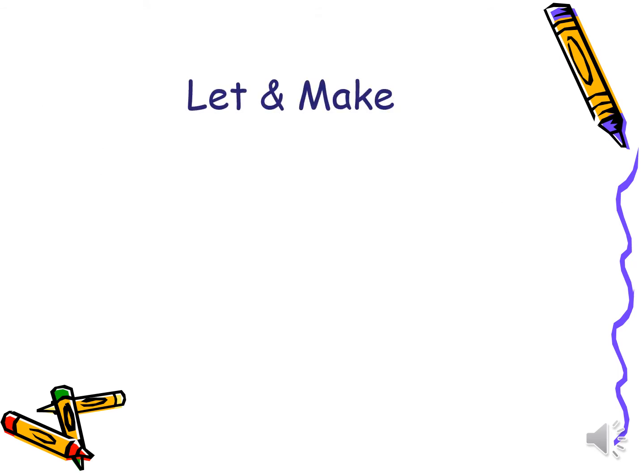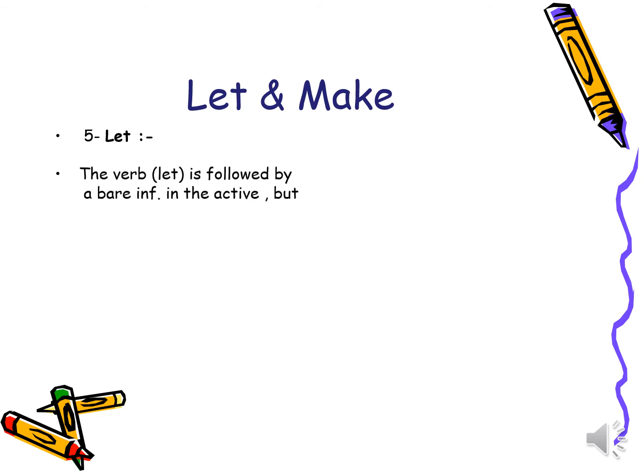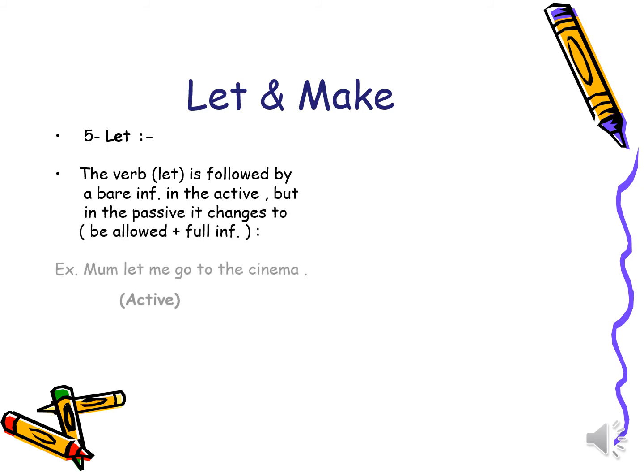Now we have let and make. How do we form the passive here? The verb let is followed by a bare infinitive. What do we mean by bare infinitive? It means without to. Like this example: Mom let me go to the cinema. This is active. We have here: Mom let. It's let, not let. So this is past simple.